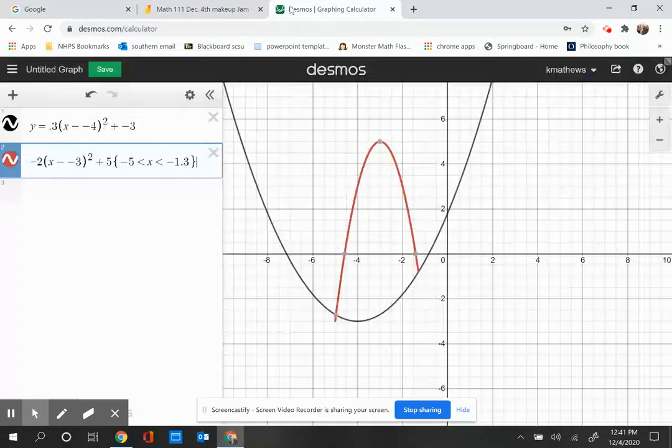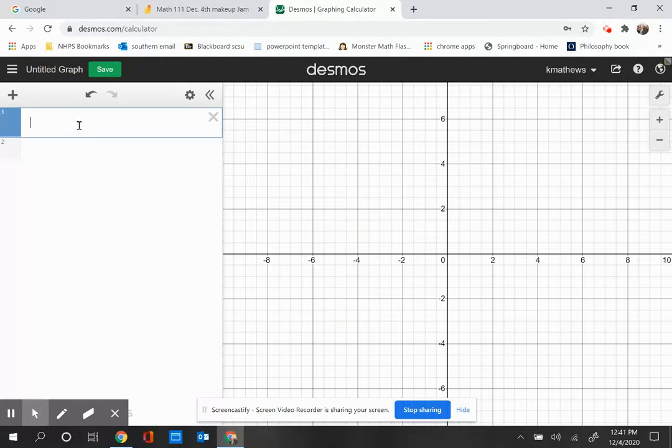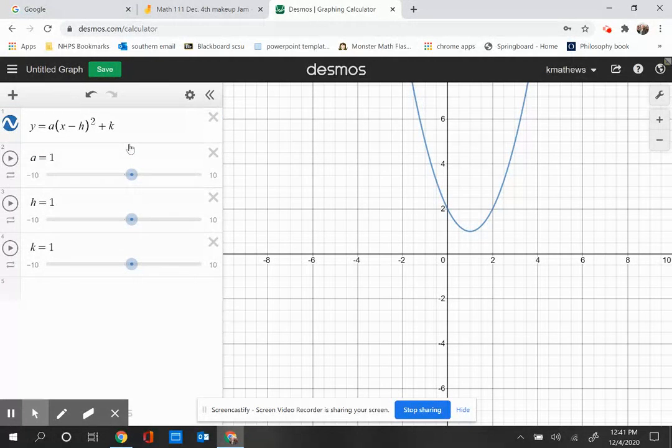So let me go back to the Desmos, and I can clear this out. Now let's do y equals a times x minus h squared, I'll go back to the sliders, plus k. And we'll do sliders for them all. All right, I want a wide one.